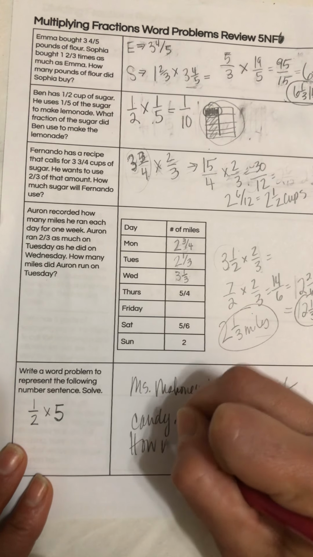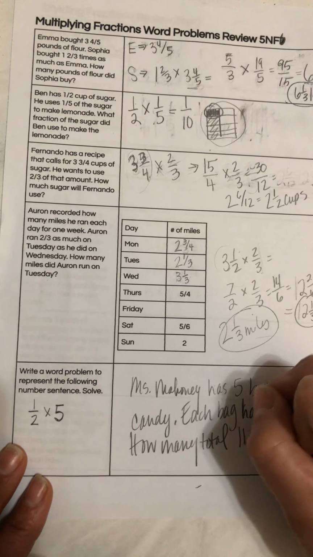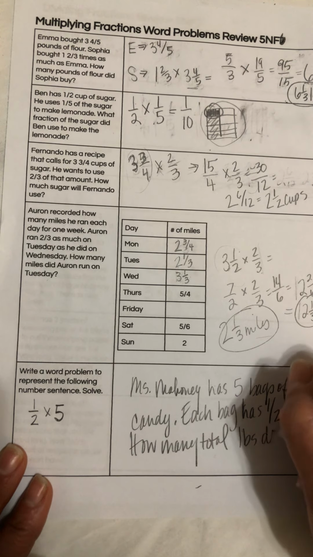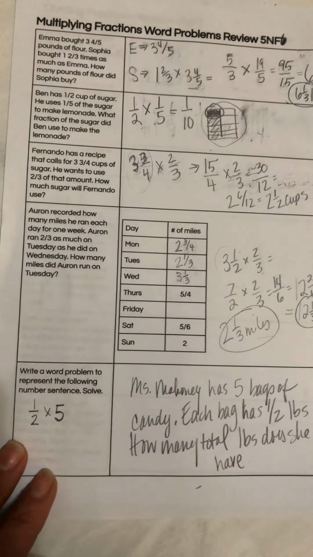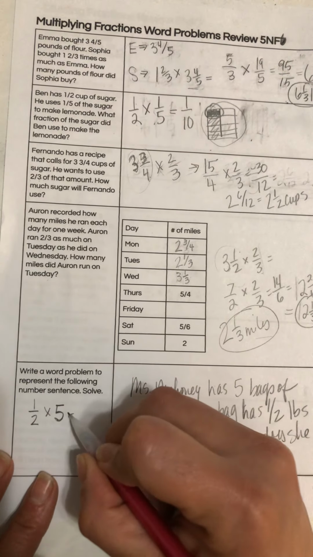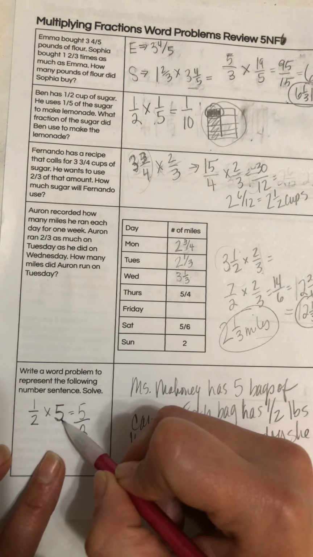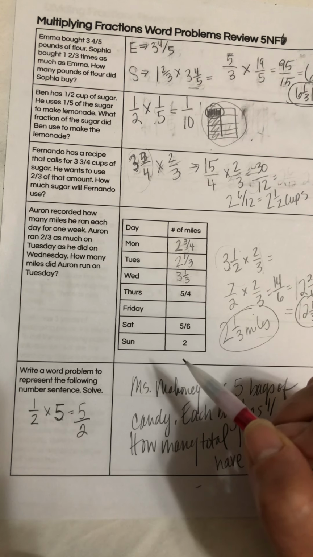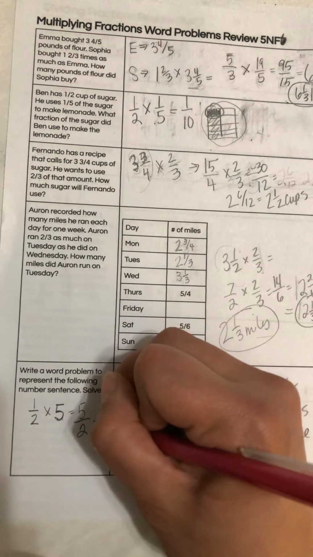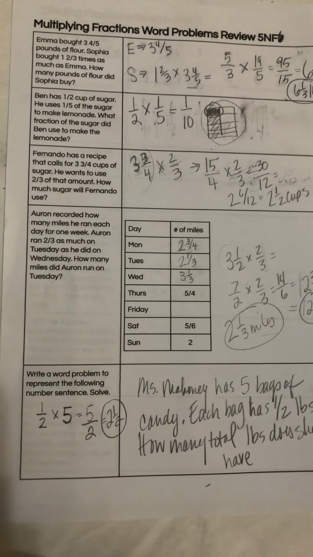How many total pounds does she have? So 1/2 times 5 is 5 halves. Now you're going to get less than 5, right? Because you are multiplying by something that is less than 1. So this equals 2 1/2. She has 2.5 pounds of candy.